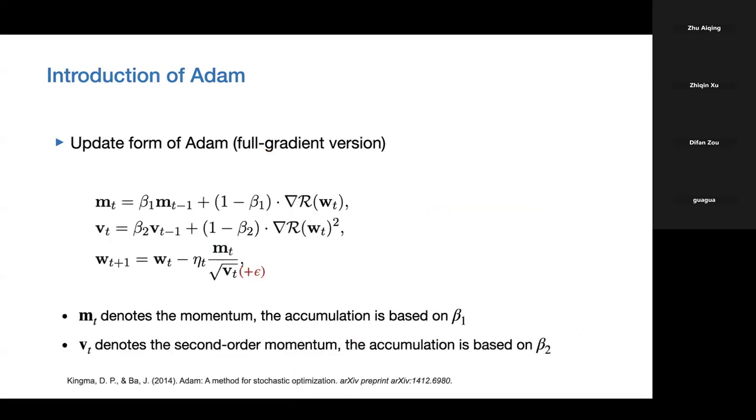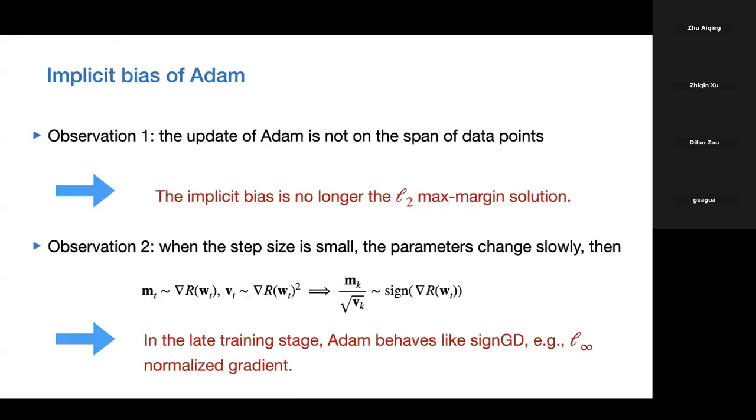This is because we use the square root of VT to normalize MT, and this normalization is taken coordinate-wise, which breaks the linear combination of the data points. Even though the gradient itself is a linear combination of the data, after this normalization the update direction will no longer be a linear combination of the data, especially in the overparameterized setting.